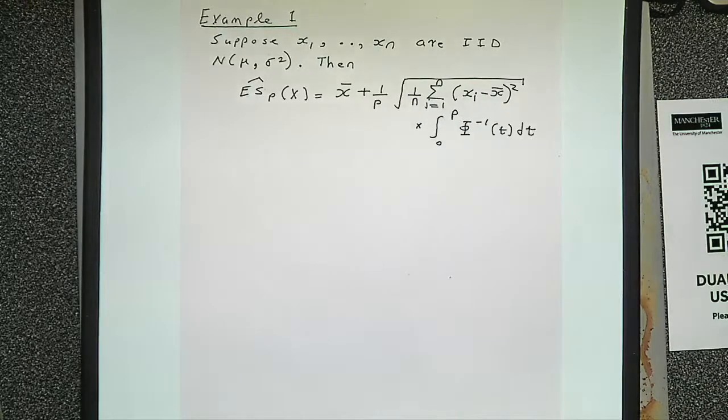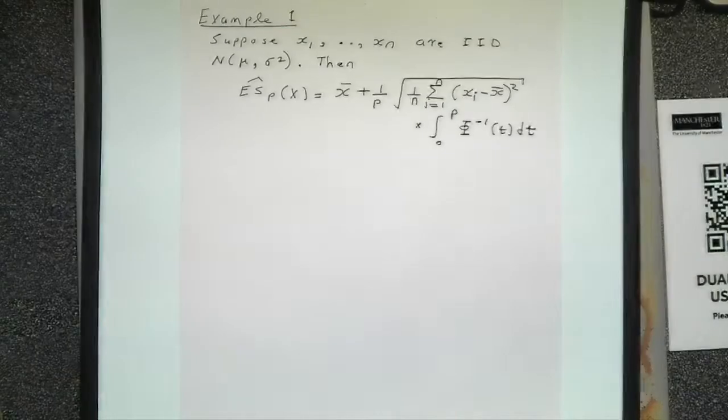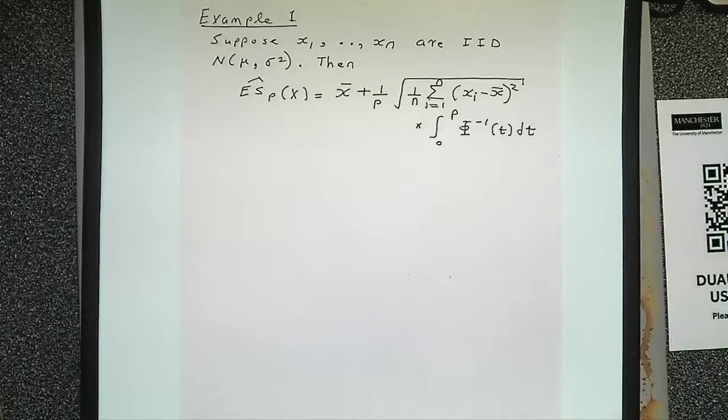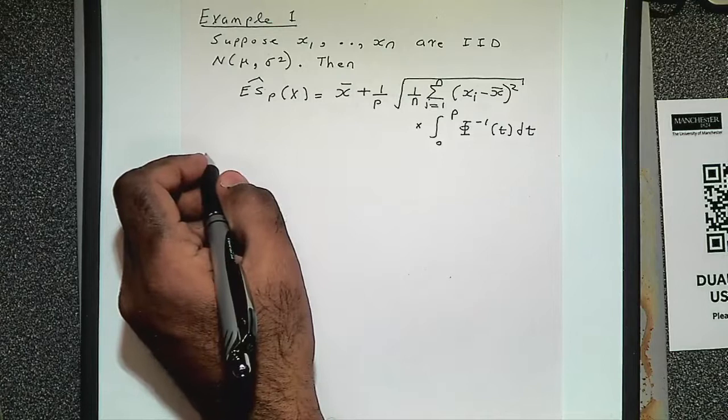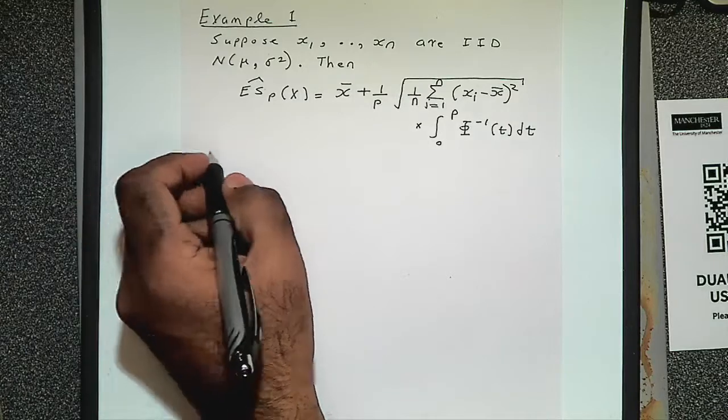Okay, as I already showed you, this is the formula for the estimator for expected shortfall. Now what I want to show is I want to find the bias and MSE. All right.